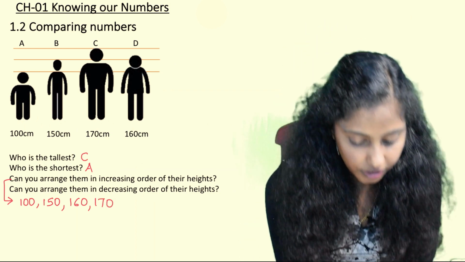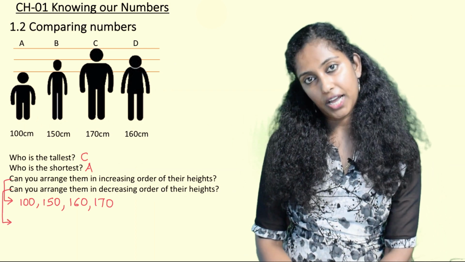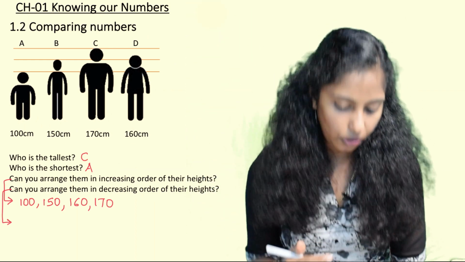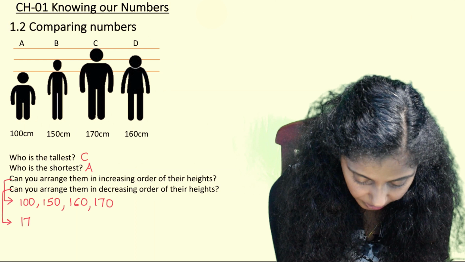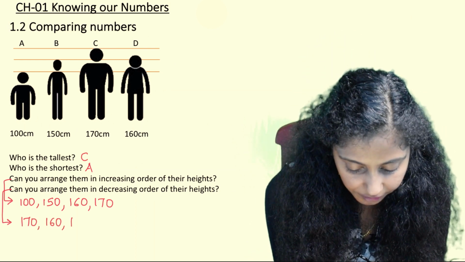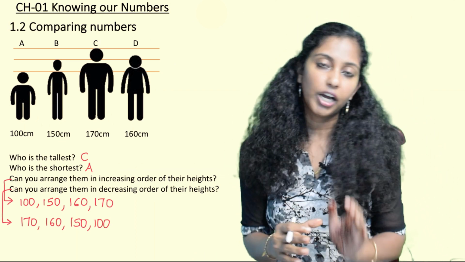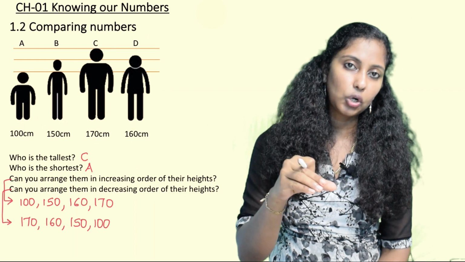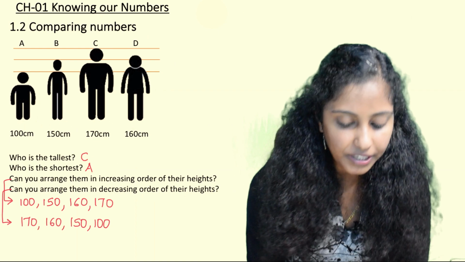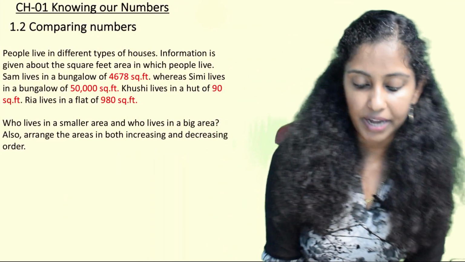Now the next question is, can we arrange all of these in decreasing order of their heights? Decreasing is from the highest we come towards the lowest. So here the highest or the biggest number is 170, then we have 160, 150 and 100. This is how we arrange the numbers, and this is also called ascending order and descending order respectively. Now we proceed further with more sets of comparison of numbers.